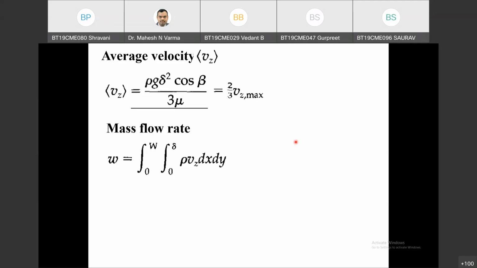The rho into velocity into area. Rho is density. That equation I can read from the slide; I'm just asking what is done there actually. Rho into velocity into dx into dy, integration over 0 to delta, 0 to w, that is done. So whether this is correct or wrong, first of all.